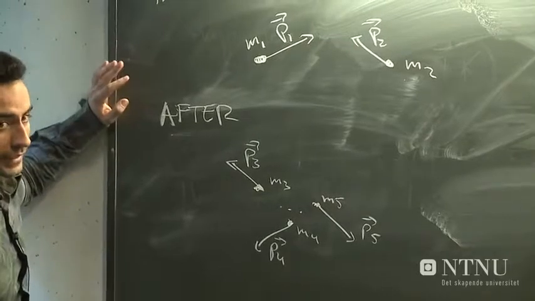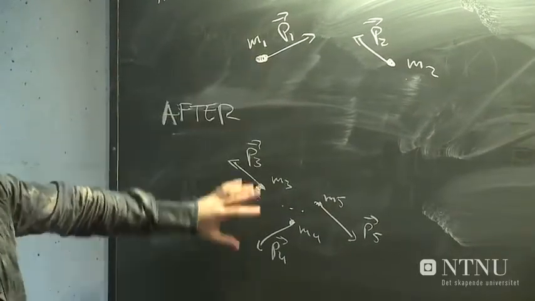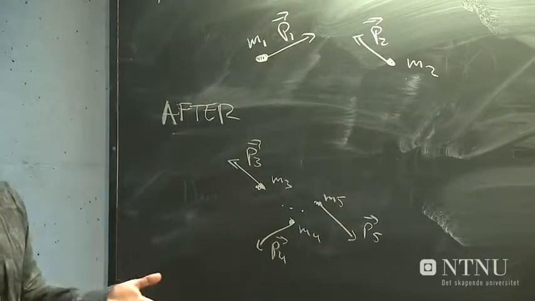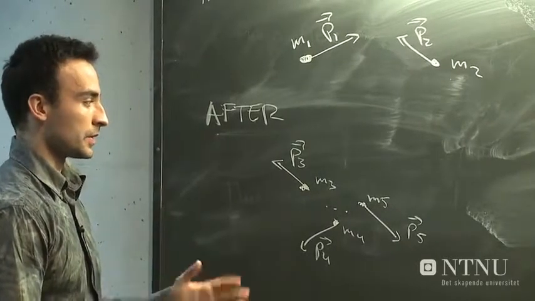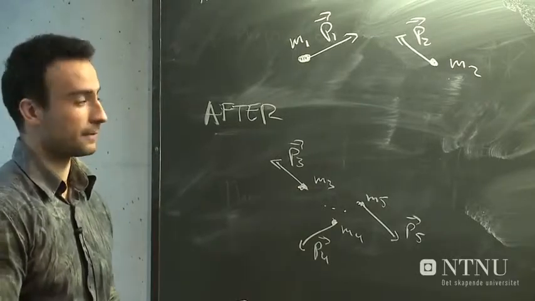So this is a bit more complicated. We now have two particles colliding, but in the after situation, a whole bunch of particles in general, which all have different masses and different momenta.